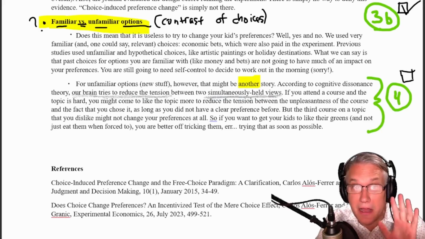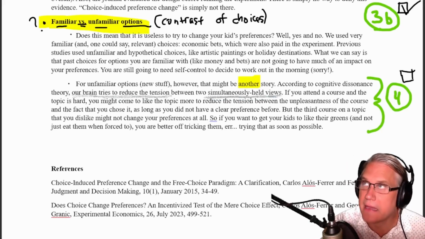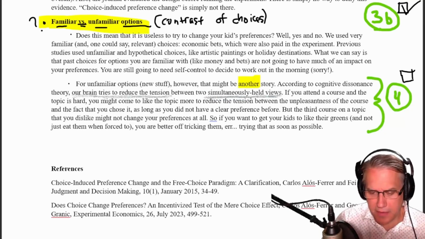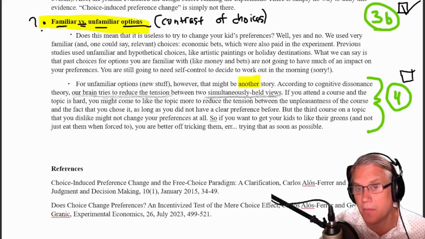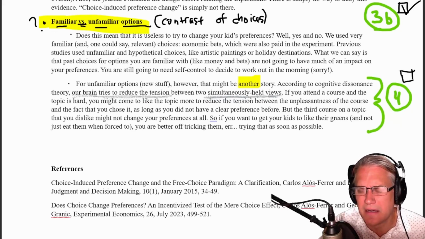So my understanding, which could be wrong, is that when we have a conflict, maybe there are two things that we have an opinion on, and there seems to be a disagreement between them, we want to reduce that disagreement.